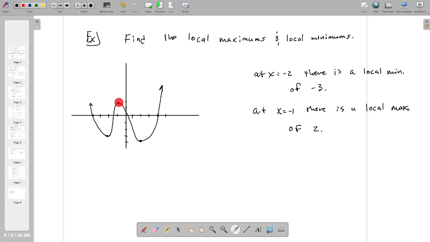So here, at x equals -1, we have a corresponding y value of 2. And then, of course, we also have another minimum. At x equals 2, there's a local minimum of -4. Now, here again, at x equals 2, the corresponding y value is -4. So the local minimum is -4, and it occurs at the location x equals 2.